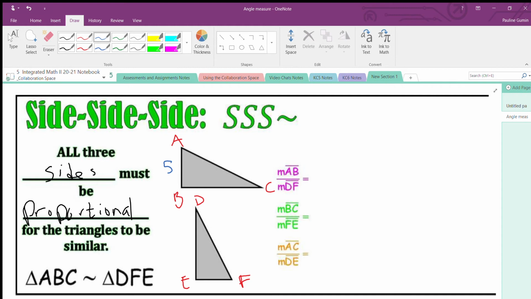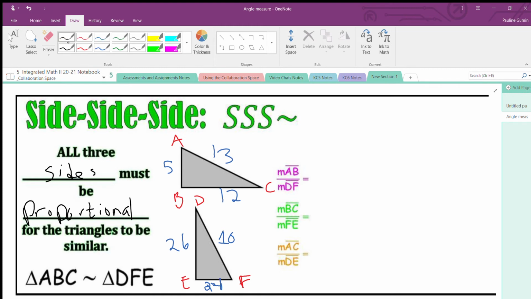I'm gonna make DF 10. I'm gonna make BC 12. I'm gonna make FE 24. I'm gonna make AC 13, and DE is going to be 26. I made this triangle up.